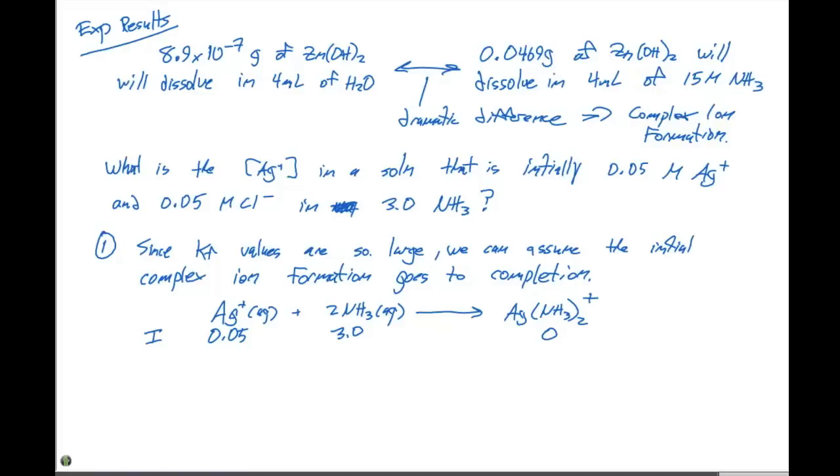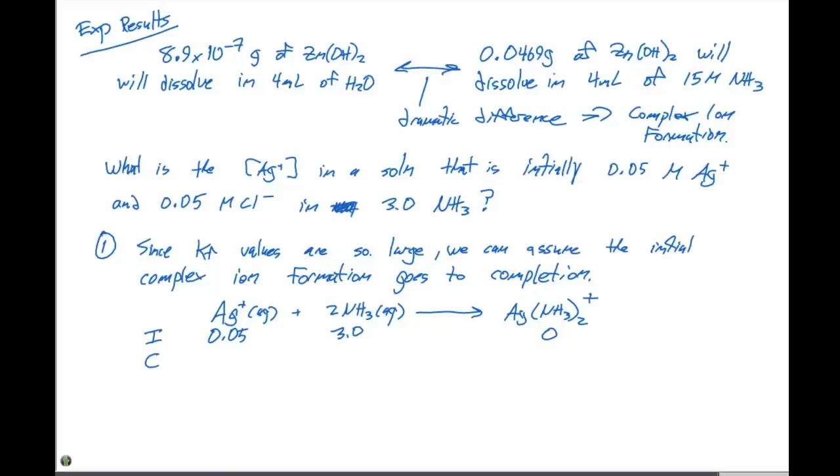If we assume this goes all the way to completion, the change in concentration will be dictated by the limiting reactant. For every silver that reacts, we're going to need 2 ammonias to react with that. So the limiting reactant, since it's a 1-to-2 ratio, is definitely going to be the silver in this case.